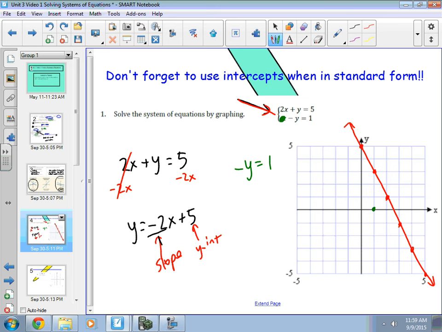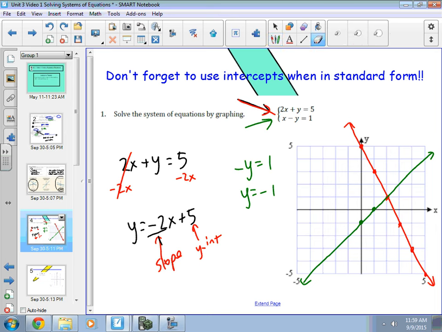Well, solving that by multiplying or dividing by a -1 means that y is going to be -1. So if we put a dot at -1 on the y-axis and connect those two, that's the equation for the other line. So just continue that trend, and that's the other one. So that is the second equation.